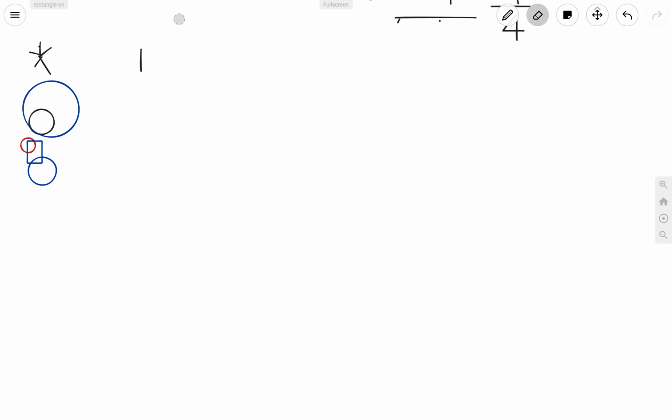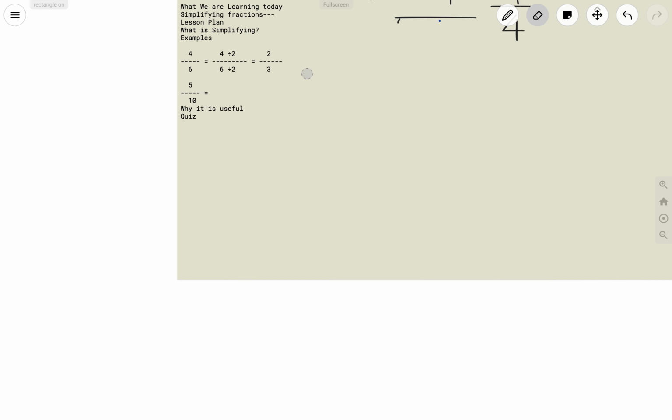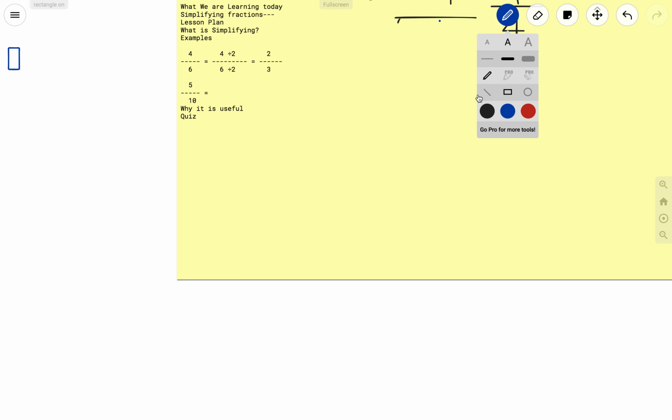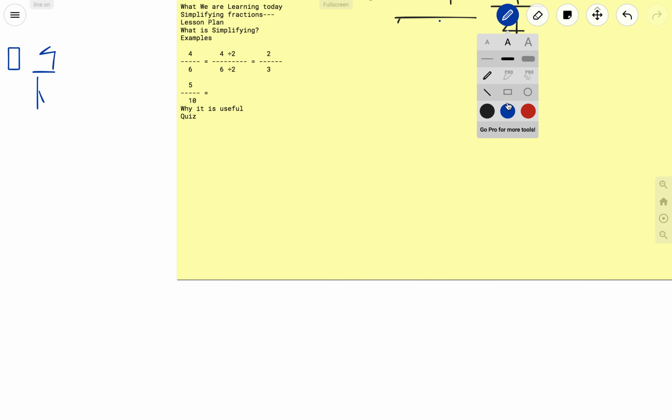So, okay, hold on. How can we apply this common fact to our question? Well, hold on, let me check. 4 over 6. Yeah, this is a horrible drawing.